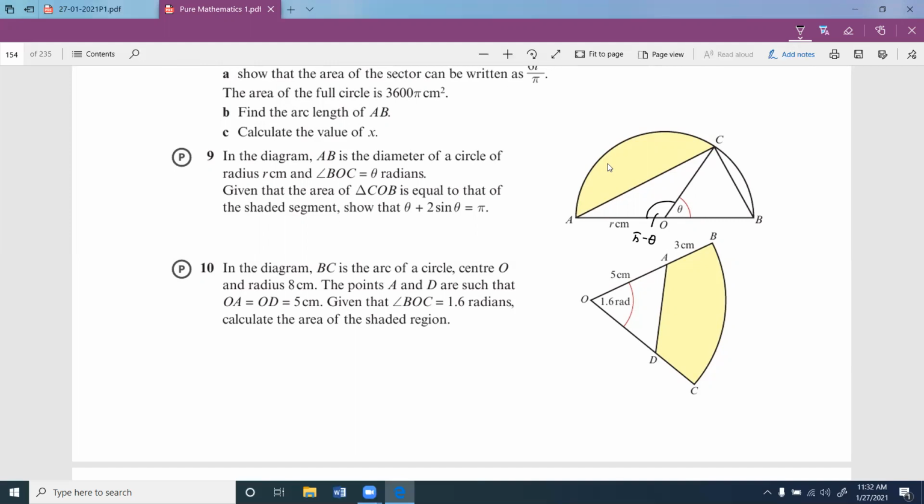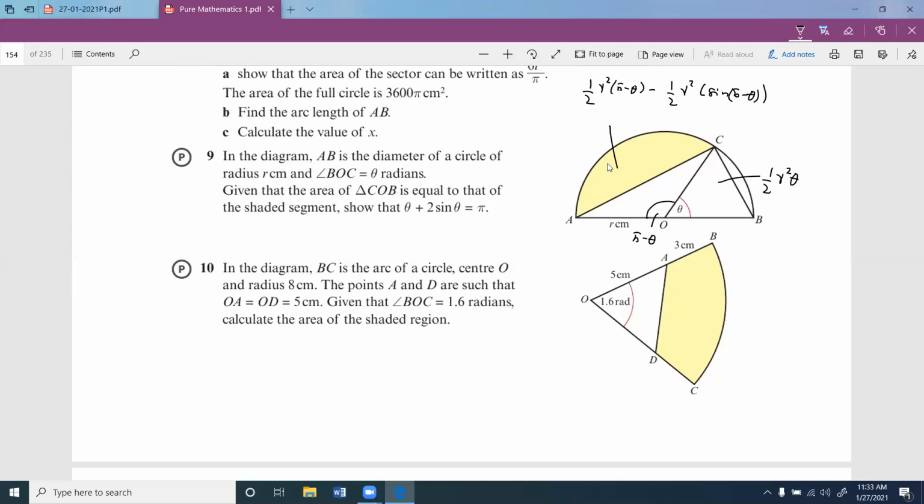Then how do you find this area? This area is half r squared theta. This area, how do you get it? This area you can say half r squared (pi minus theta) minus half r squared, this bit of it. This angle is sine pi minus theta. Okay, from there, then they have given these two values are similar.